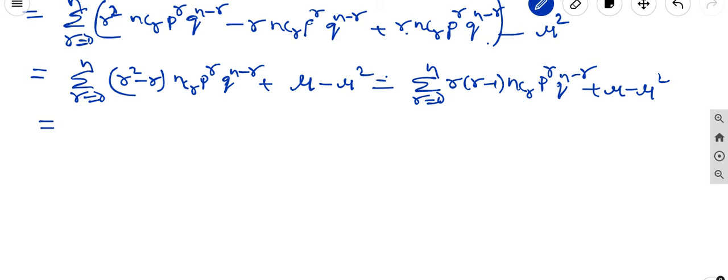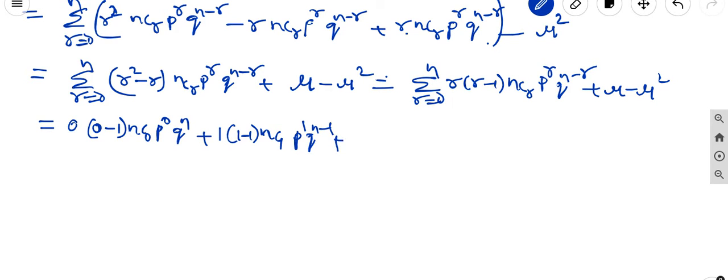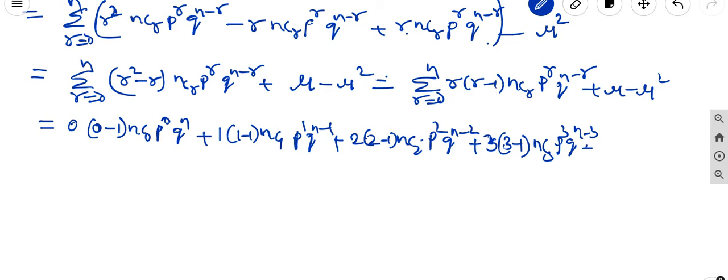So first we substitute r equal to 0: 0 into 0 minus 1 NC0 p power 0 q power n, plus 1 into 1 minus 1, which is 0, NC1 p power 1 q power n minus 1, plus 2 into 2 minus 1 NC2 p power 2 q power n minus 2, plus 3 into 3 minus 1 NC3 p power 3 q power n minus 3, and so on, up to n into n minus 1 NCn p power n q power n minus n, which is 0, plus mu minus mu square.